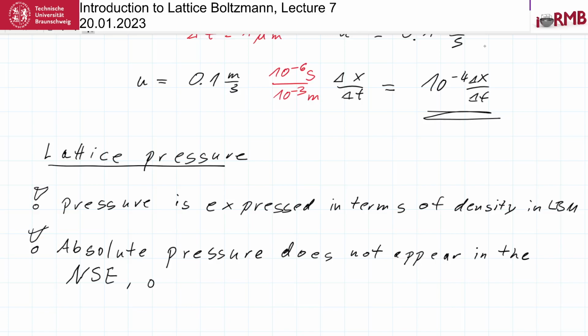There we only have relative pressure, because there's only the derivative of the pressure, not the pressure itself. And this is also the reason why when you solve the Navier-Stokes equation, you often put the pressure at the outlet to 0.